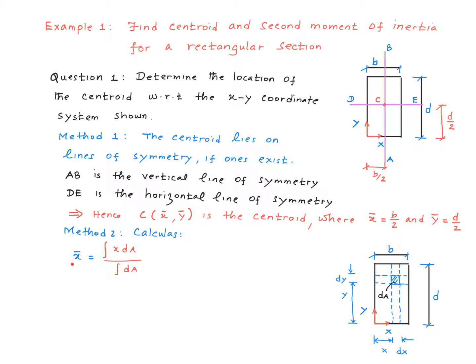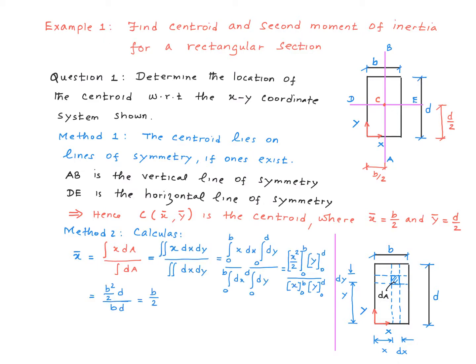And if you recall, this is the formula for finding x bar, right? So let's go ahead and expand this and see how it pans out. Here are the steps. dA here is dx times dy, right? And therefore it becomes a double integral because there is both x and y in this integration.